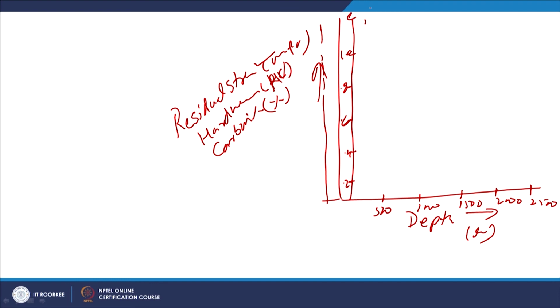The carbon content is too high at the surface and then decreases below the surface. This is the kind of variation in the carbon content with increasing depth from the surface. The carbon content may be as high as up to 1%, and as we go down from the surface, the carbon content keeps on decreasing.